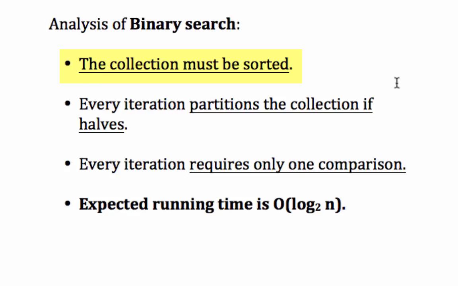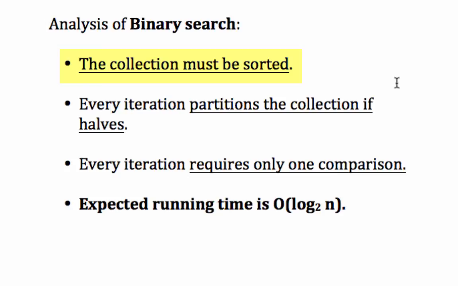But if you're given a random collection of values, how do you determine the value in the middle? Perhaps you could, but then how do you know in which of the two halves the value is likely to be? You don't know. So it needs to be sorted for you to be able to choose which of the two halves you end up with is most likely to contain the value that you're looking for.